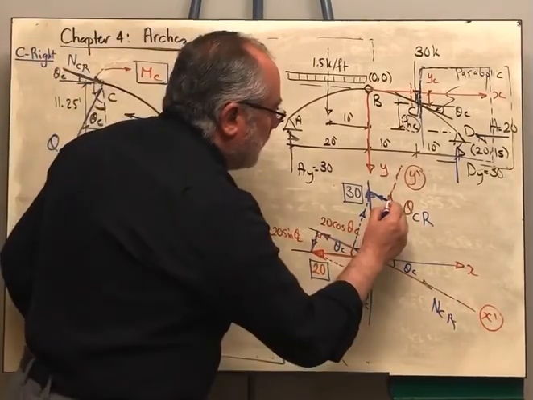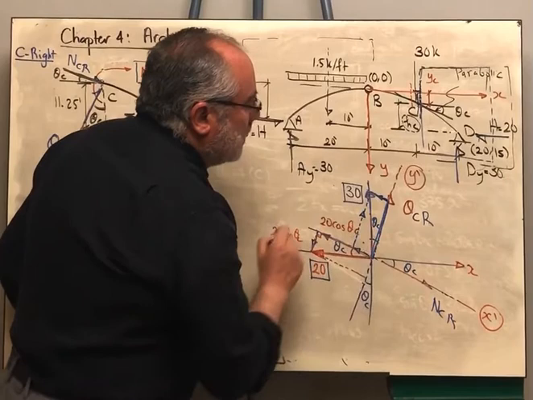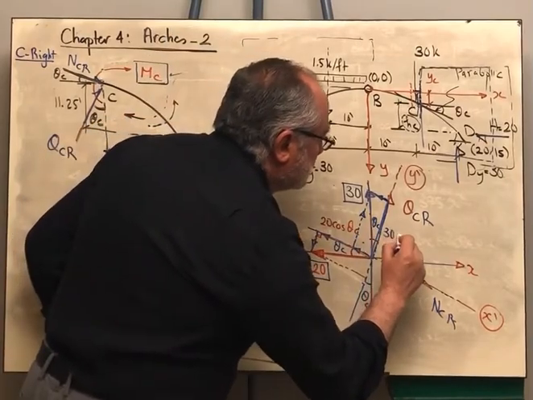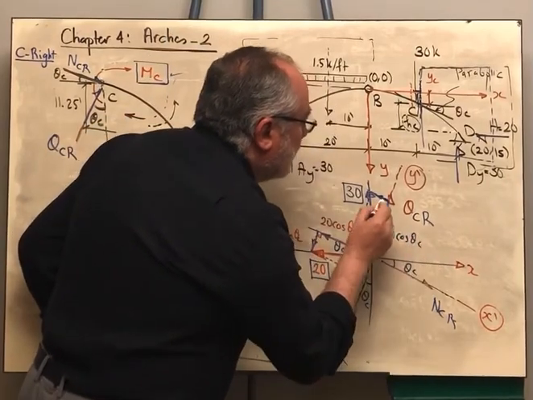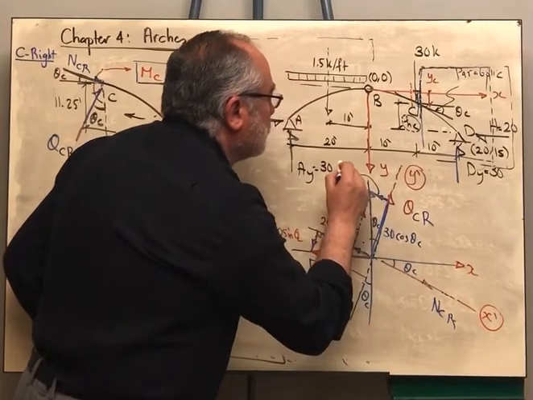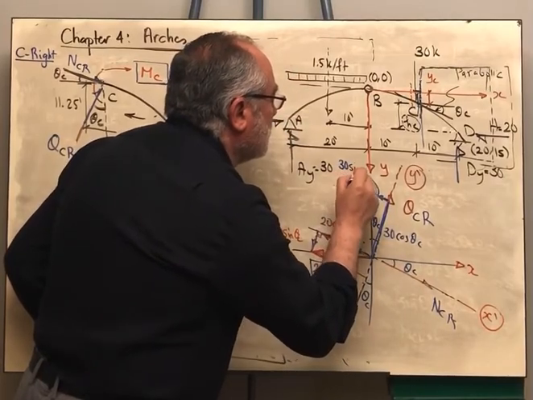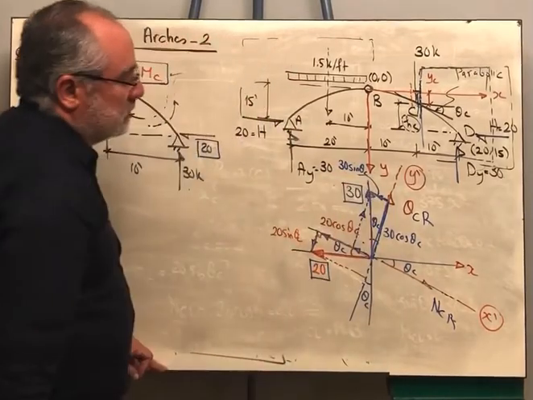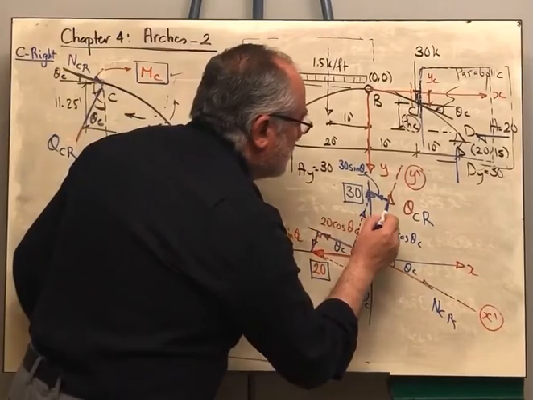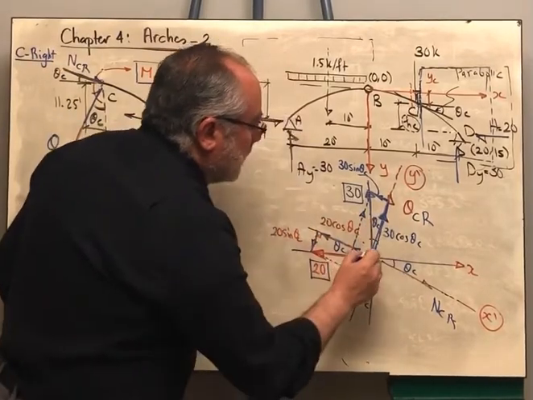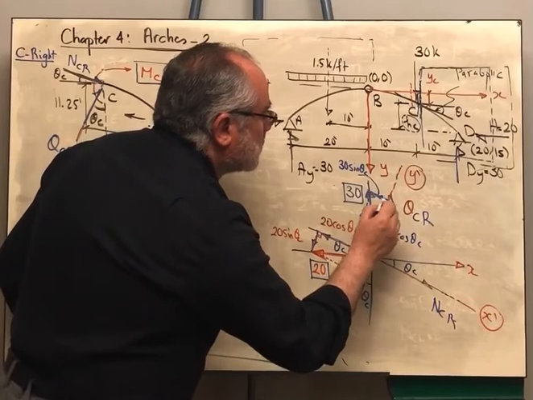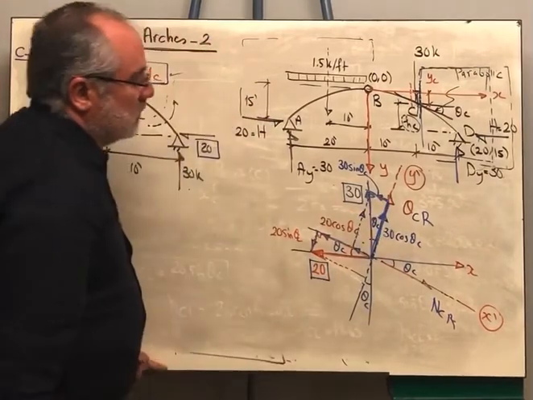Here this component will be 30 cosine and this component will be 30 sine theta. Okay? And this is directed like that. This direction and this direction.